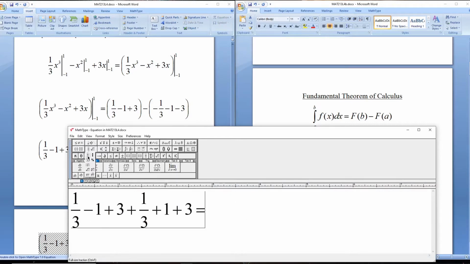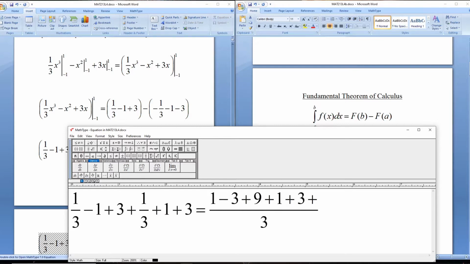So if we just put that all into a common denominator of 3, we would have 1 minus 3 plus 9 plus 1 plus 3 plus 9, of course just multiplying these by 3 to get a common denominator. And then what do we have? We have minus 3 and plus 3, so those will subtract out. And then we have 9 plus 1 is 10, and 9 plus 1 is 10 to get us 20.